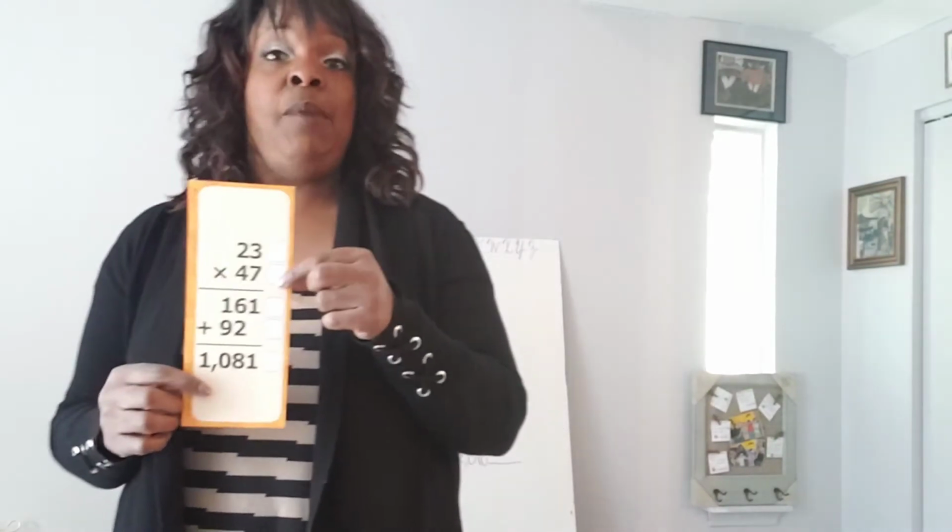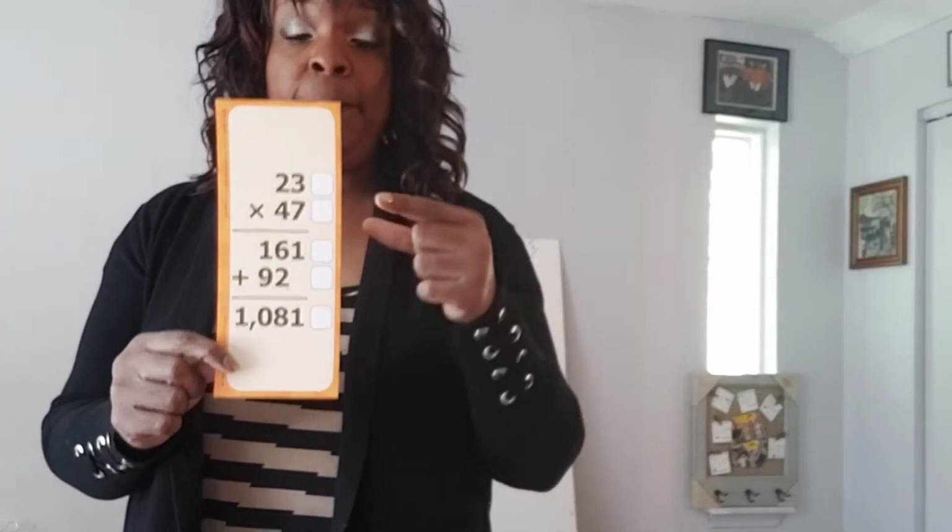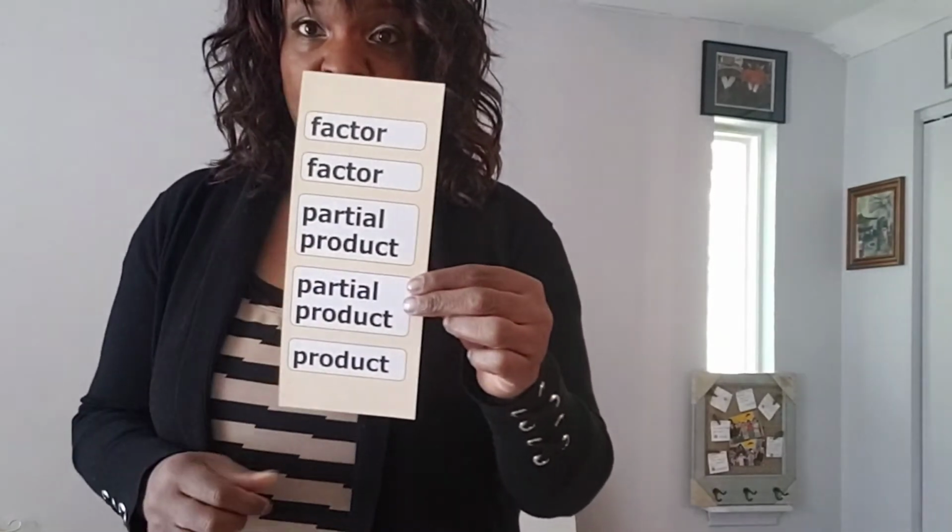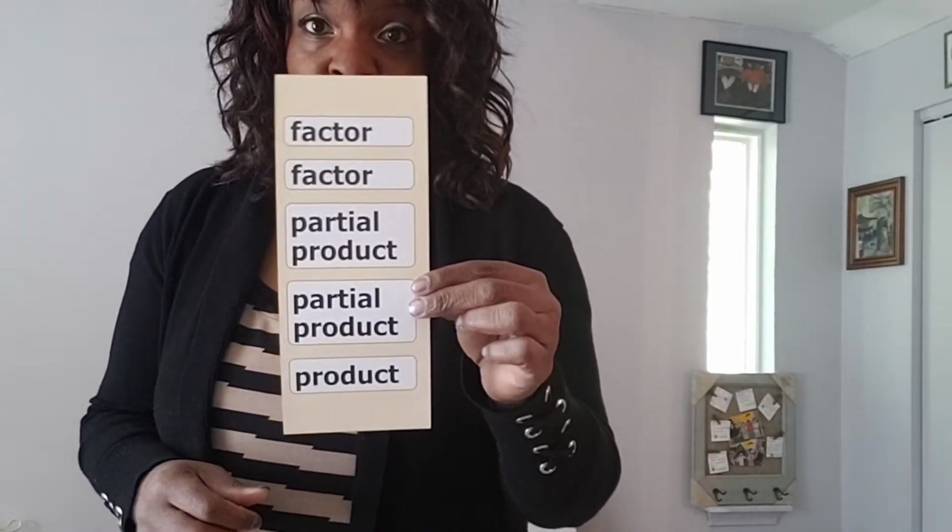Okay, this is the same as those, except this is our new card because you can see it's multiplying 2 on the top times 2 on the bottom. So this is factor, factor, like I told you yesterday, partial product, product. And here is your total, the answer.